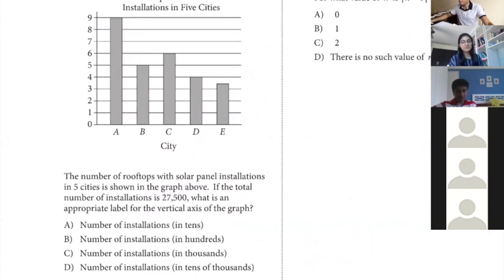Here's 3.7. All right, and for those of you that have already answered the question, can you put in chat what type of question you think this is?